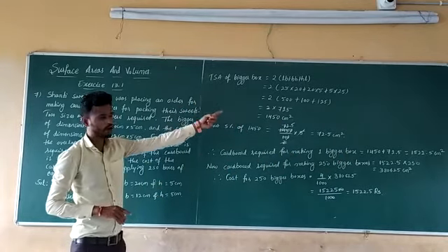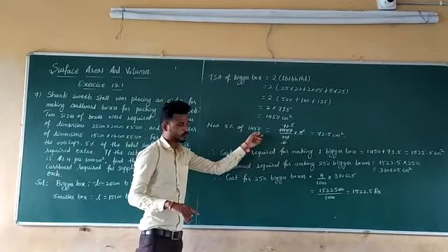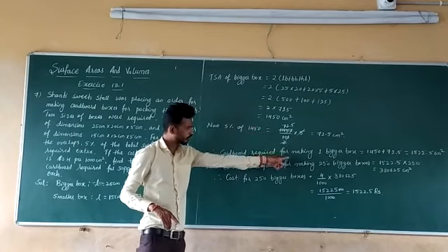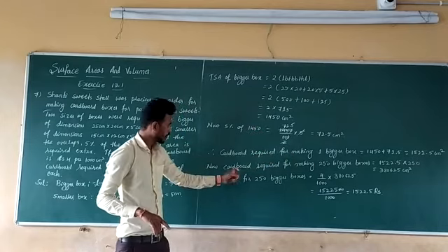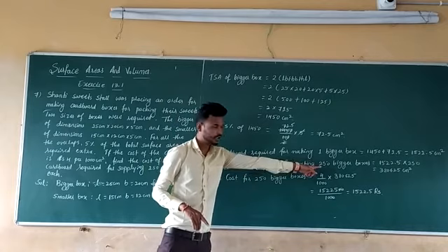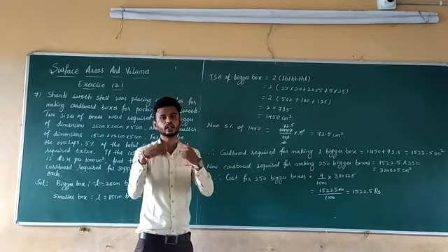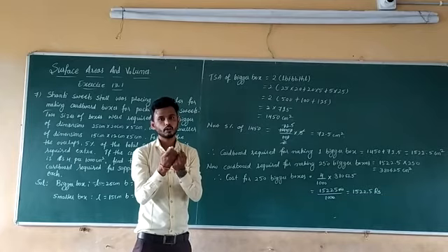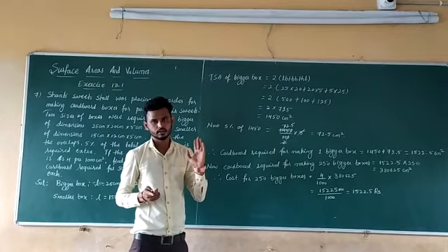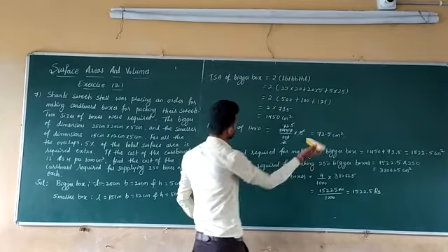Similarly, now find the TSA of smaller box, 5% of smaller box, and cardboard required for making one smaller box, and cardboard required for making 250 smaller boxes, then cost, and add those two, you will get total cost for making 250 smaller and 250 bigger boxes. Let us see.